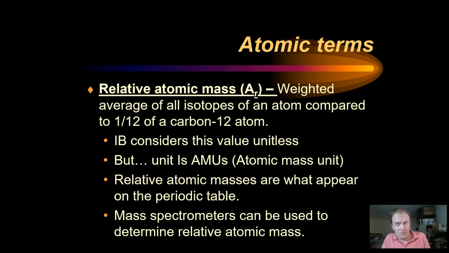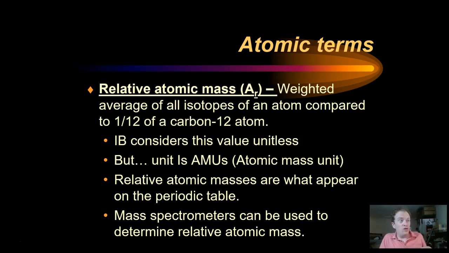Carbon-12 has 6 protons and 6 neutrons. In most of the world that I'm familiar with, they call it an atomic mass unit, an AMU, but IB considers the value to be unitless. And they will ask you about that specifically, by the way, sometimes, where this mass comes from.